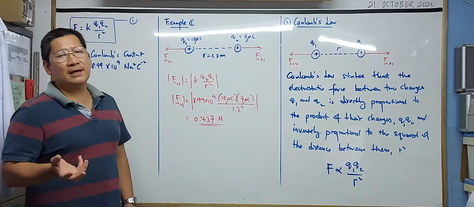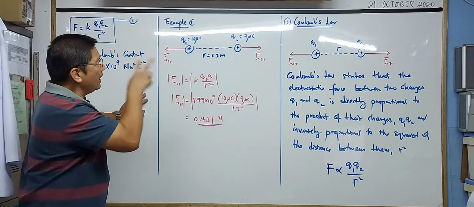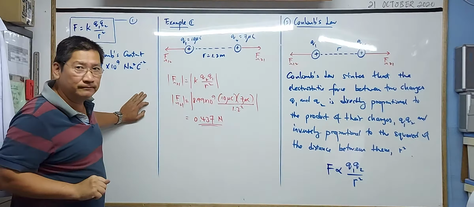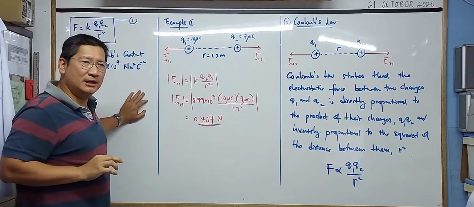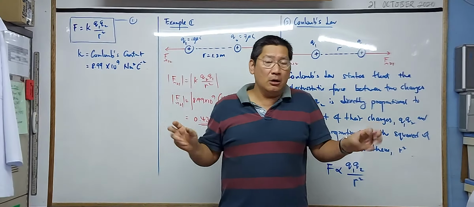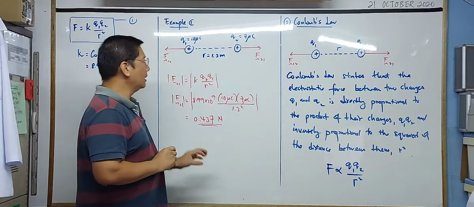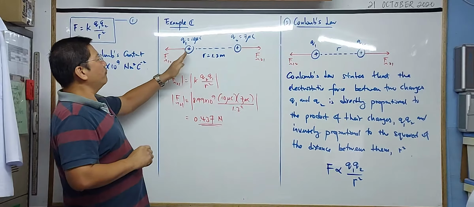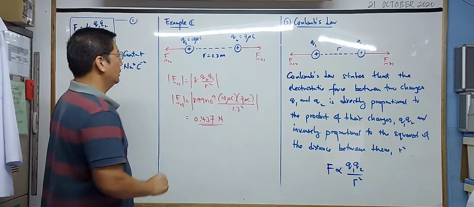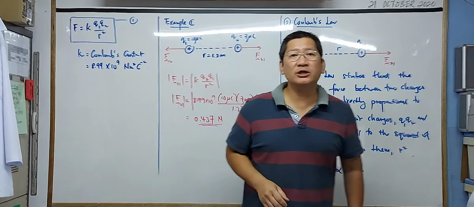But now let's say, what happens if we put those two charges in a different environment? So far what we are assuming here is that the charges are in normal lab conditions, which is in air or in vacuum, because air and vacuum have quite the same electrostatic property. So if we put them in liquid, let's say in water, will it still have the same value of 0.437?